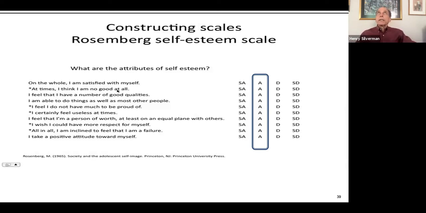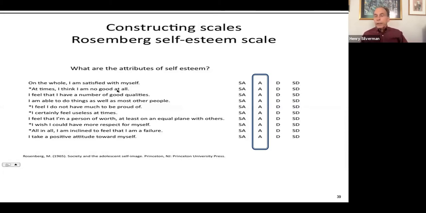So again, let me go back to responsible conduct of research. You could ask a question like, there's nothing wrong about plagiarism. The correct answer to that would be disagree.